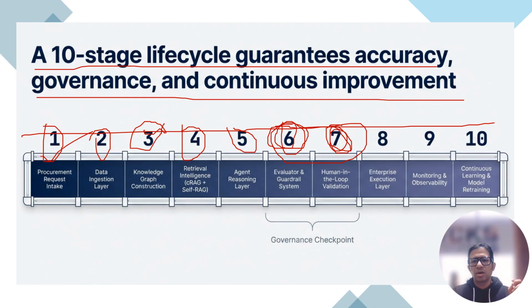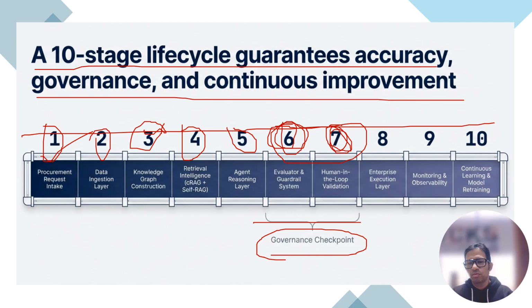See, this governance checkpoint. This is where POCs usually fail. They jump from stage 5 straight to execution. But in real enterprises, stages 6 and 7 are non-negotiable.